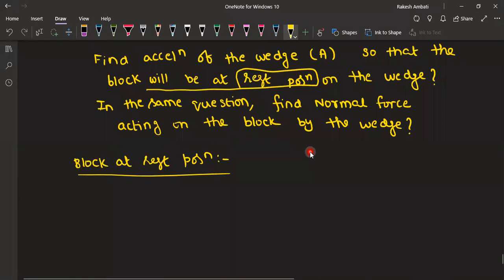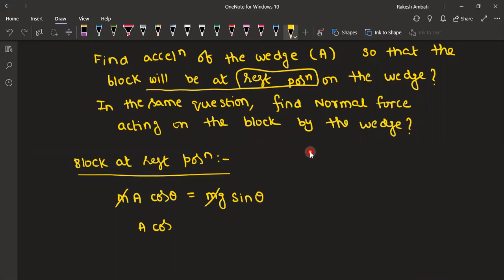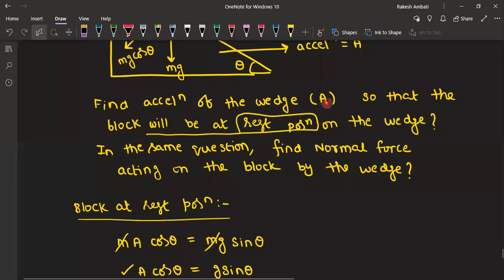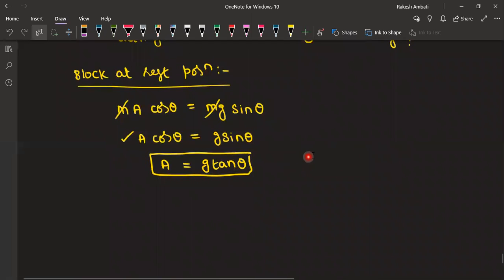So MA cos theta is balanced by mg sin theta. Therefore M cancels out, and after cancellation, A cos theta equals g sin theta. But we have to find the acceleration capital A, so from this equation capital A equals g tan theta. So it is the acceleration of the wedge. First question completed.